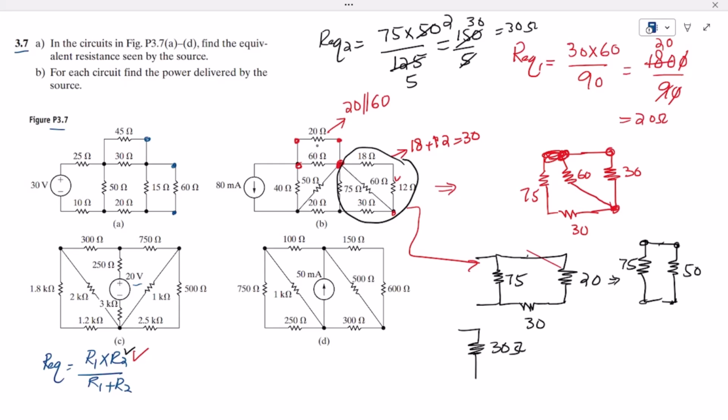Okay, so now as we have also made them like this, and also found the equivalent of it, as these two are in parallel, this is our equivalent 3, that is 20 multiplied by 60 divided by 20 plus 60, which is 80. So 24 and 4 15, so this is now 15 ohm.